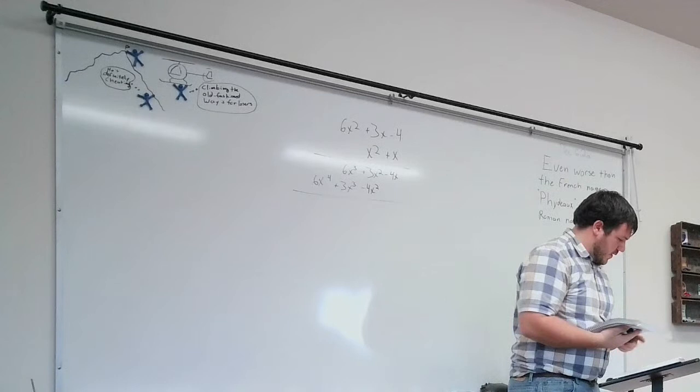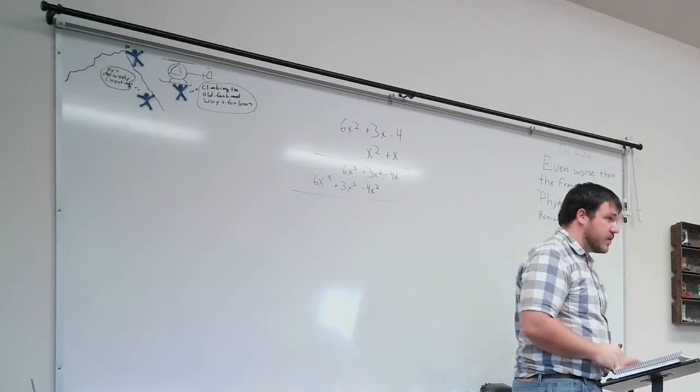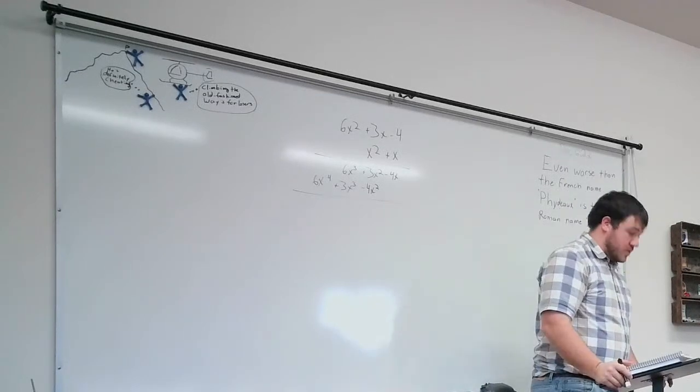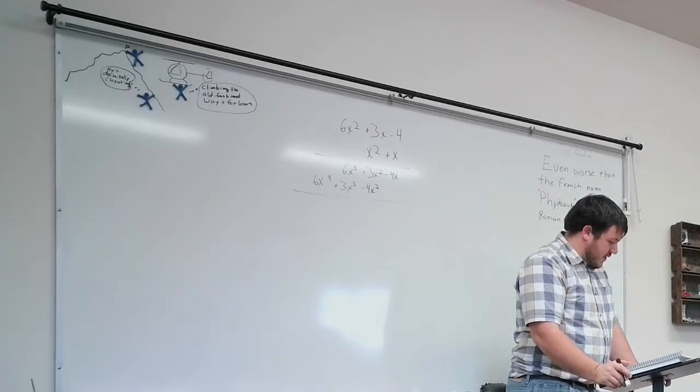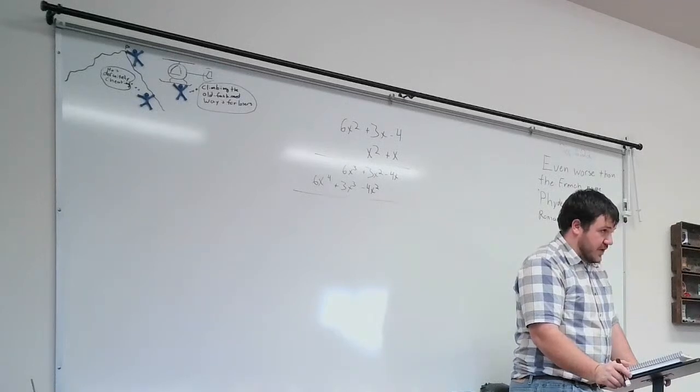All right. So what are we going to factor that by? 6SU. We're going to have to factor the whole thing by 6SU. You can't use 2; you have to use the biggest number.